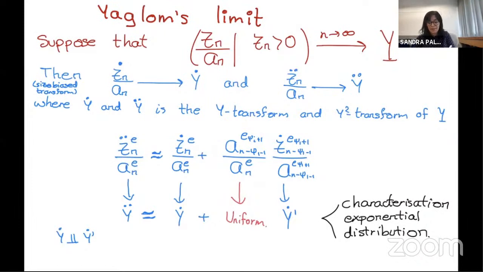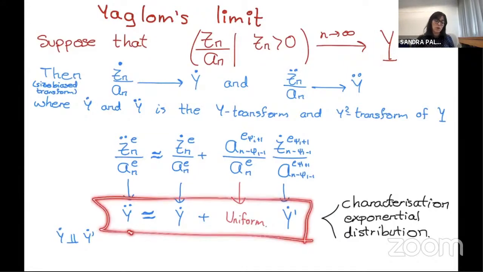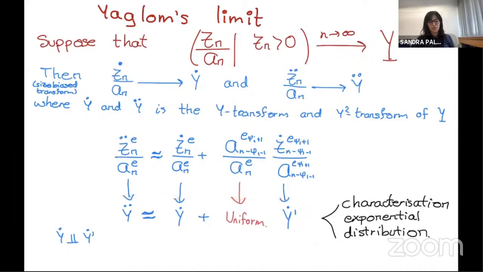Then the variable Y that is unknown has to satisfy this equation: Y double dot is equal to Y dot plus a uniform times Y dot prime, where Y dot and Y dot prime are independent. And this is the characterization of an exponential distribution. Therefore, our Y has to be exponential.